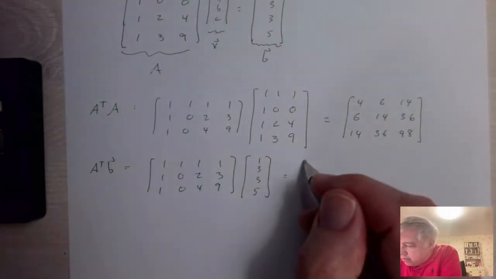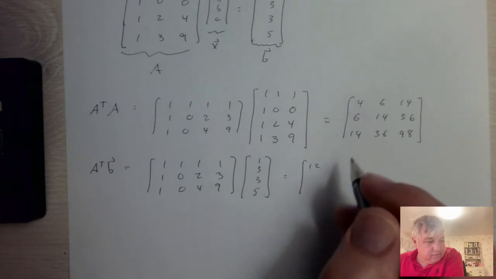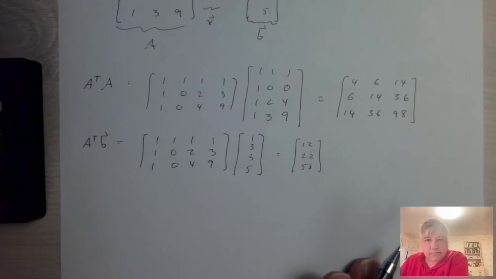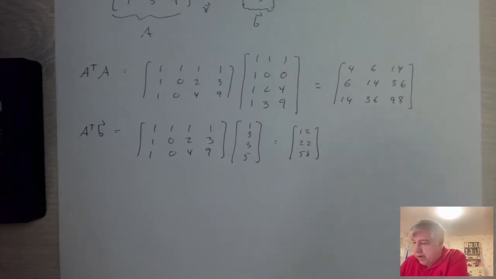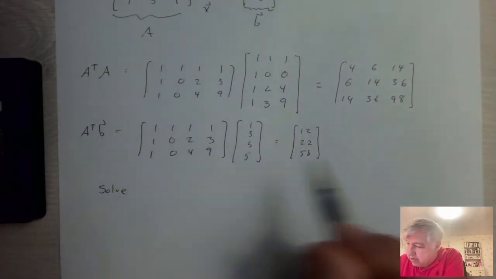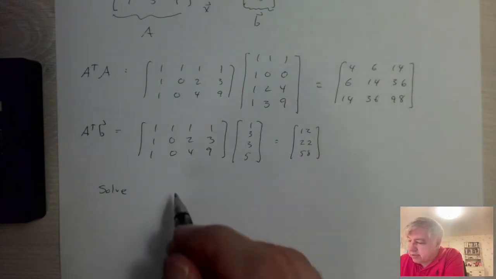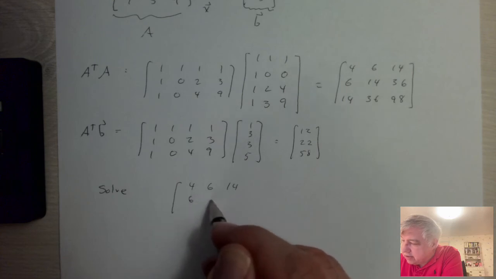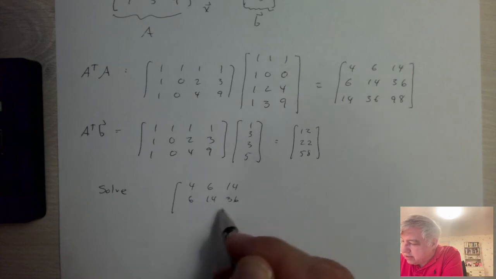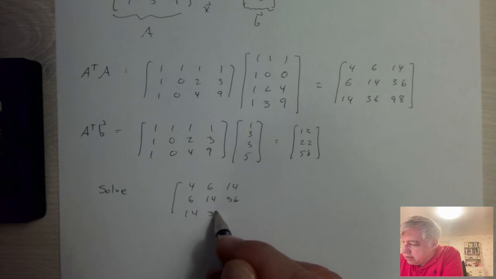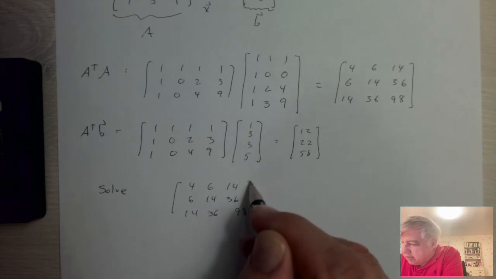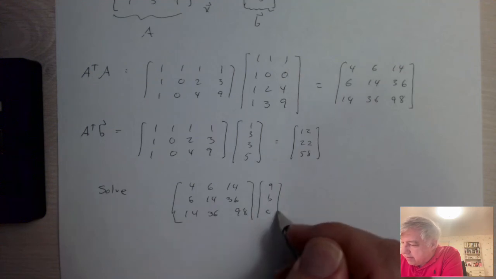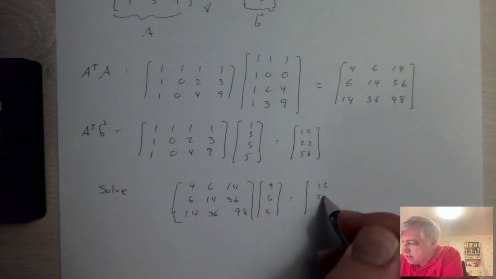And this turns out to be 12, 22, 58. So basically we just need to solve this matrix times X equals this. So we have 4, 6, 14, 6, 14, 36, 14, 36, 98 times A, B, C is equal to 12, 22, 58.